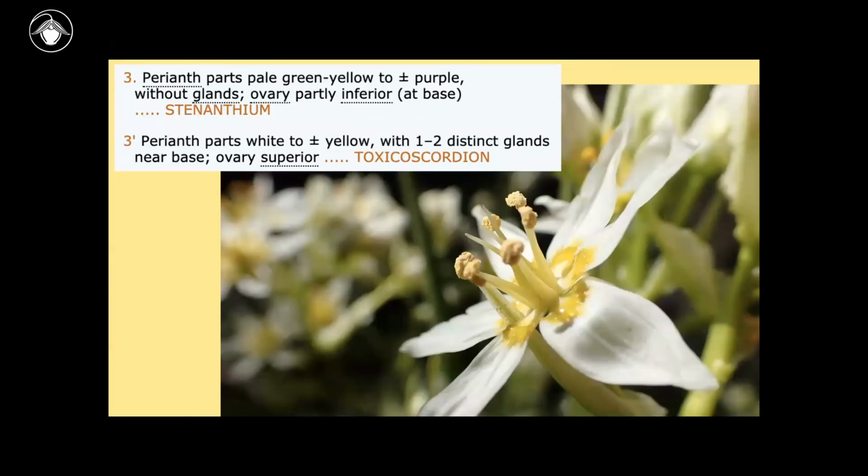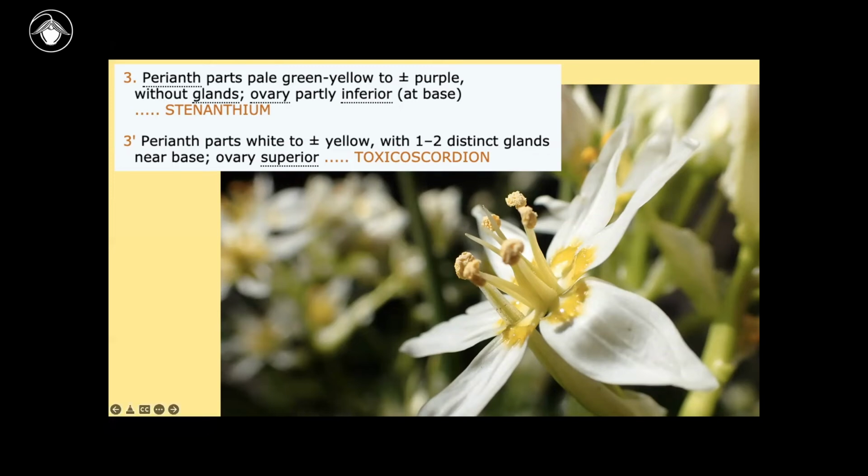Perianth parts pale green-yellow to more or less purple without glands, ovary partly inferior at base, Stenanthium, or perianth parts white to more or less yellow with 1 to 2 distinct glands near base, ovary superior, Toxicoscordion.